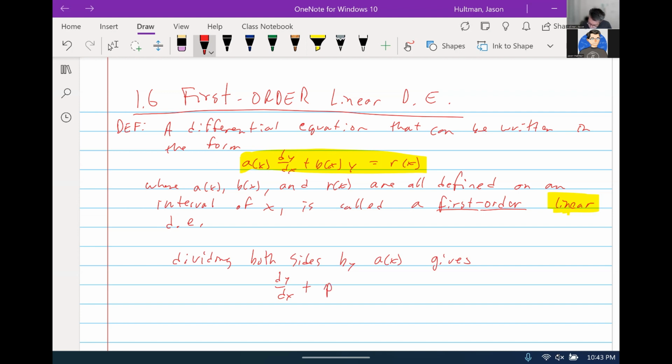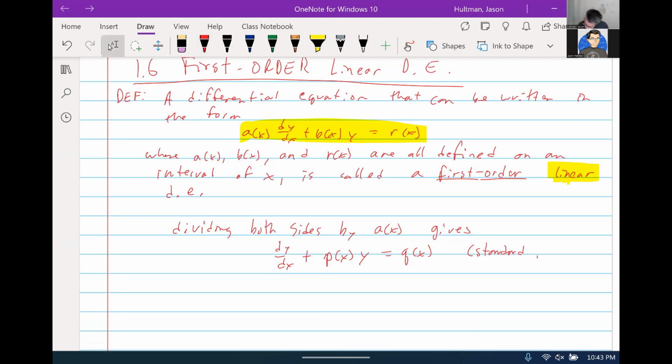We're going to call that p of x. Times y, equals r of x over a of x, which again is just another function of x, and we're going to call that q of x. And this is called standard form of our linear differential equation.